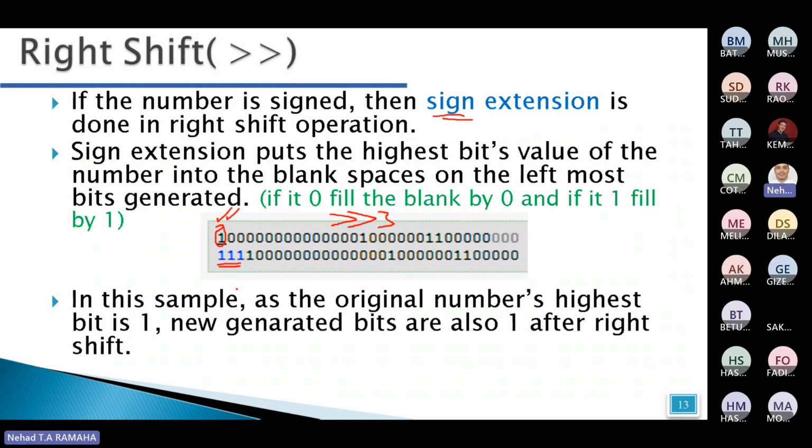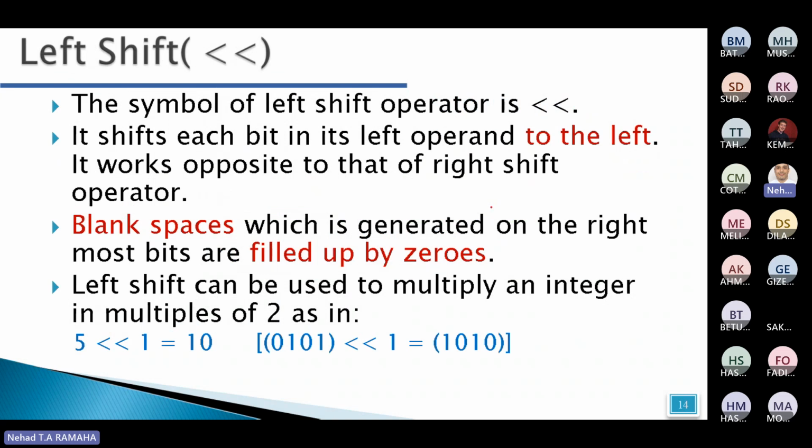If the sign is 0, we fill by 0. Okay, what about left shift? Left shift, we don't care about the sign, because we will add the 0 from the right place and we make the shift to the left.